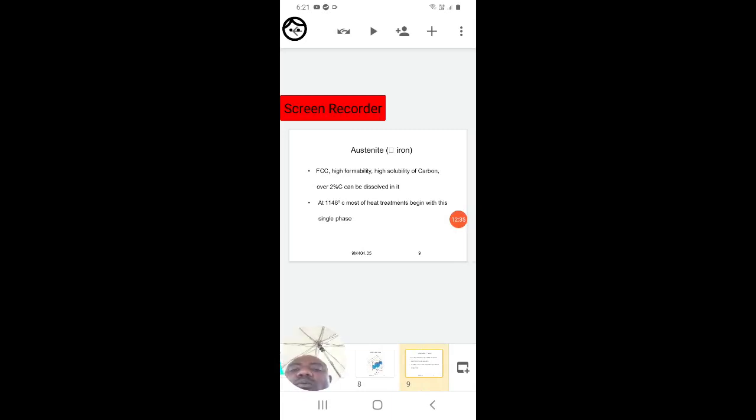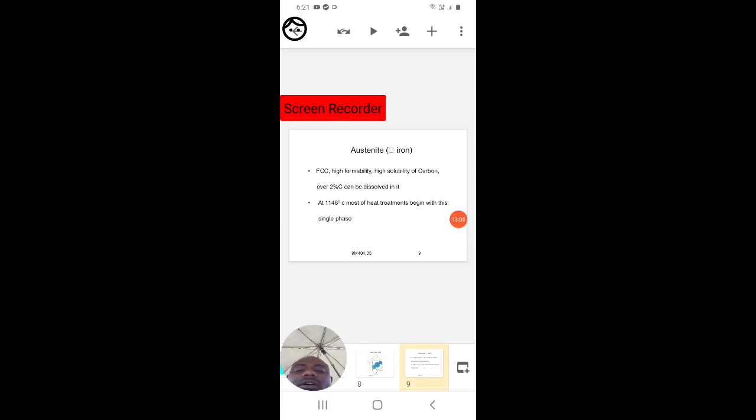Austenite is the most stable component of gamma iron. It exhibits FCC structure, with high formability and high solubility of carbon; up to 2% carbon can be dissolved in it.